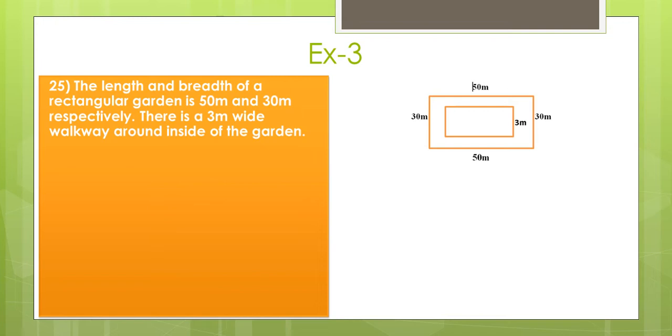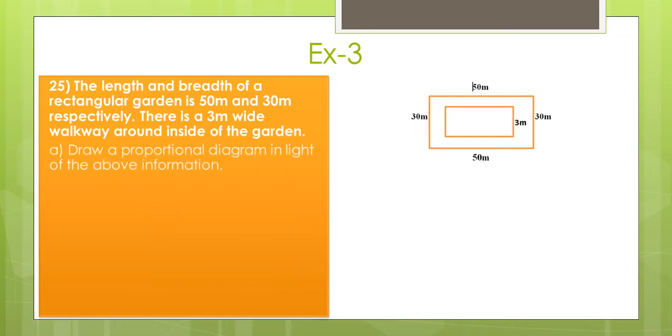This information you can compare with the figure on the right side. There is a rectangular shape garden which length is 50 meter and breadth is 30 meter, and inside of the garden in the figure you can see there is a 3 meter wide walkway around inside of the garden, that means around the garden. So we have to solve the question.